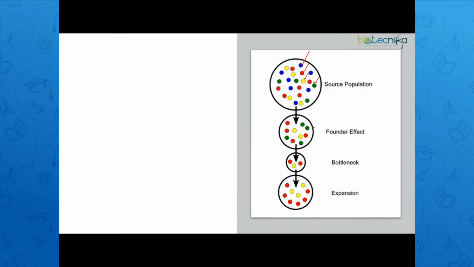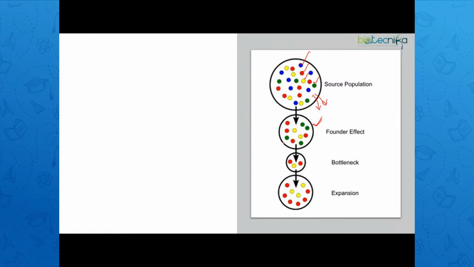Now you establish a new population. Suppose individuals from this source population are moving out to a different land and occupying it. They start to inhabit this land and increase their population. Which individuals are moving out is not regulated. Anyone can move out.